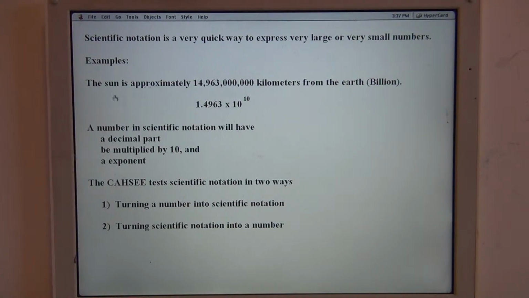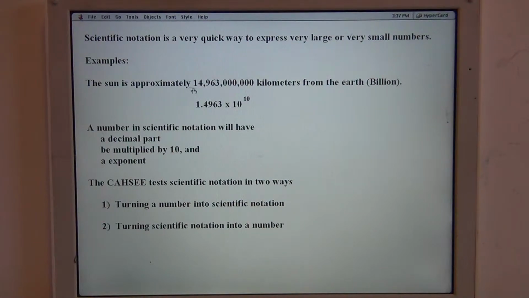Here's an example. The sun is approximately 14,963,000,000 kilometers from the Earth. Now that's a big number.